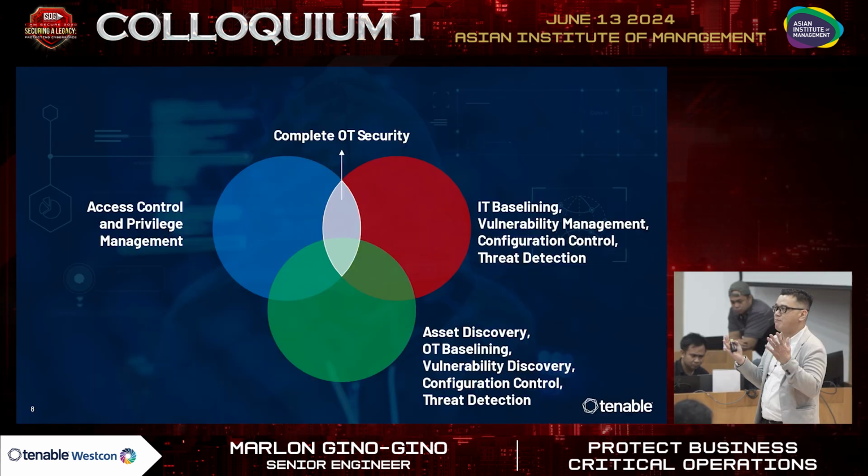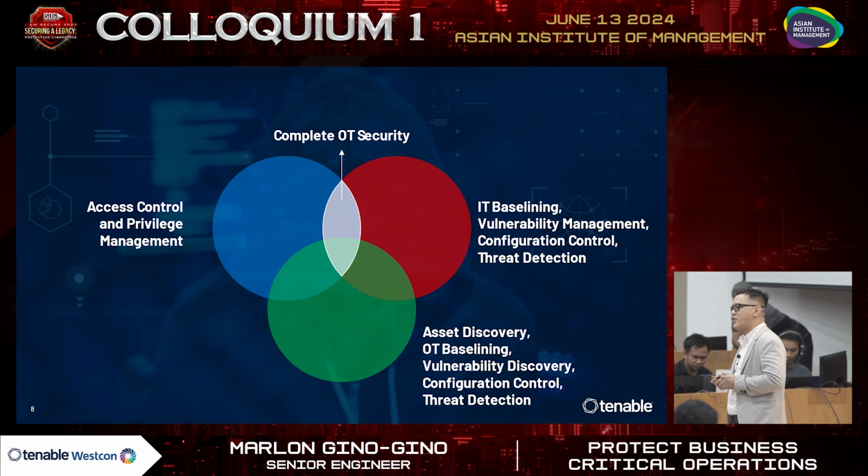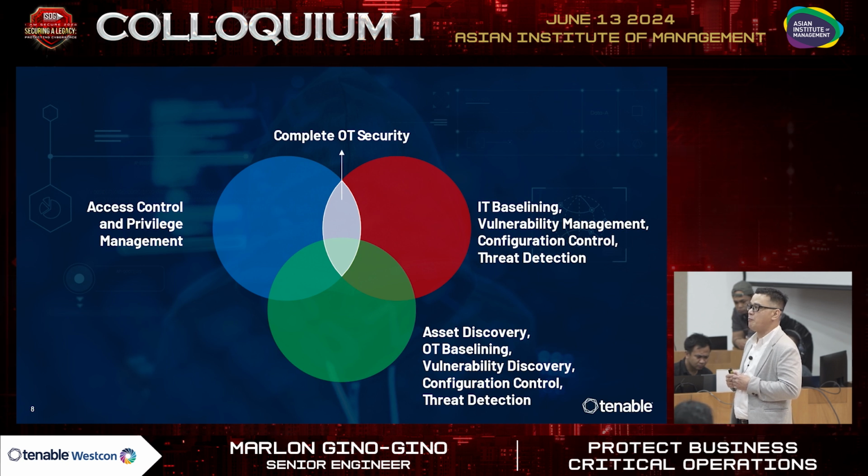So to have complete visibility, complete OT security, it's imperative for both teams to understand the risk and exposure of each asset within the environment. Part of the complete visibility on OT security would be to provide OT baselining.